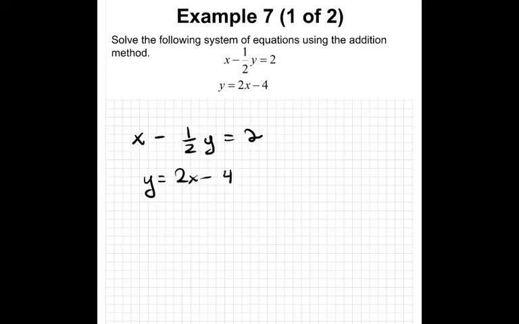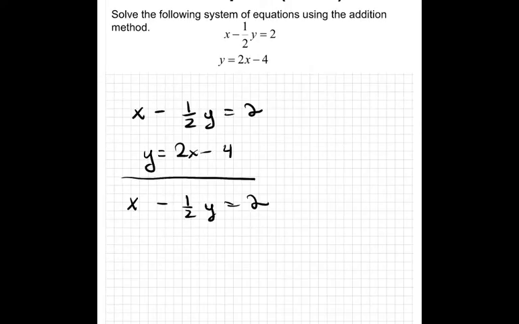So I am going to subtract the 2x on both sides just to get them similar. I think that'll be the simplest thing. So the first one's just going to come down, x minus 1/2 y equals 2. If we subtract the 2x from both sides, we'll get negative 2x plus y equals negative 4, right?